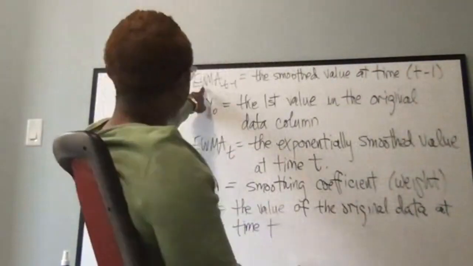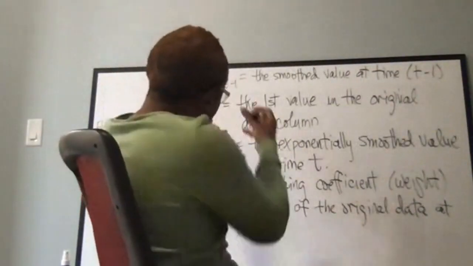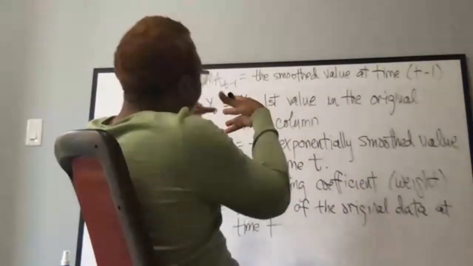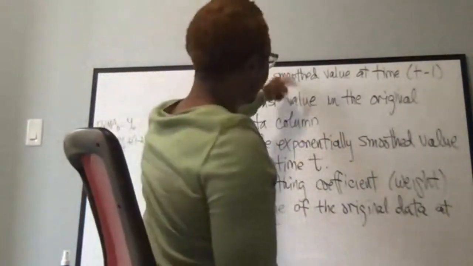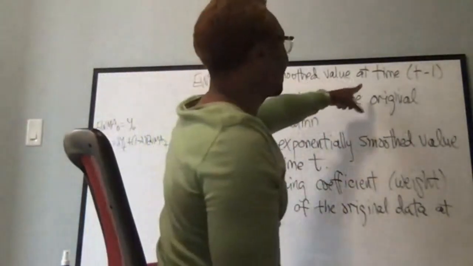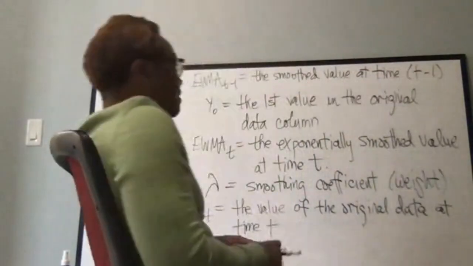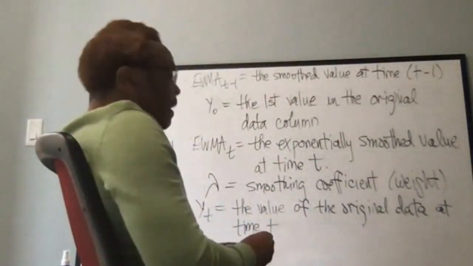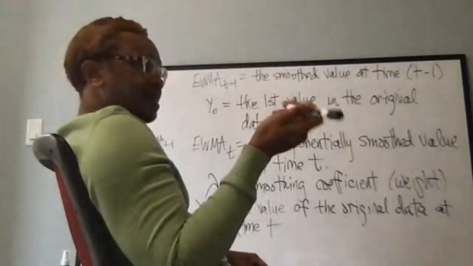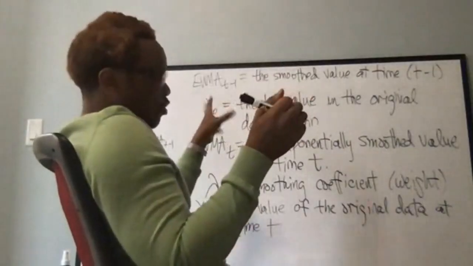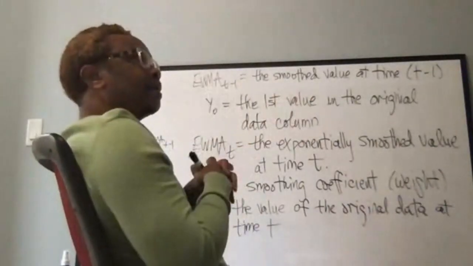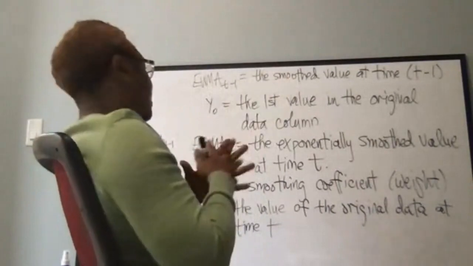See, so this is EWMA, and there's a little small t minus 1. That just stands for the exponentially smoothed value at time t minus 1. Now, we're going to see in a second because we're going to do an example.